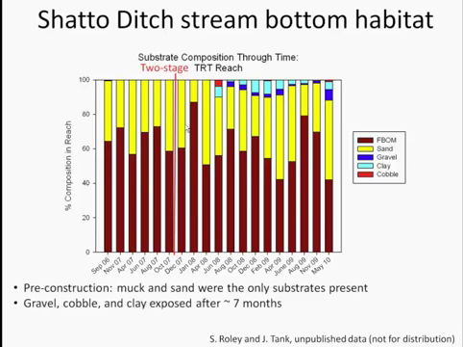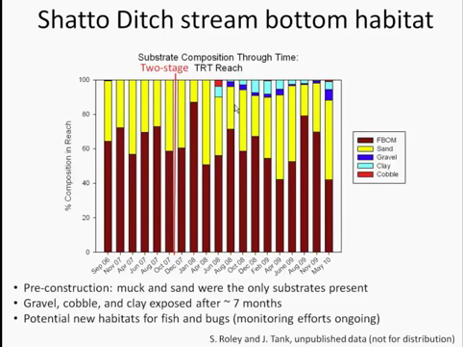Now, after the restoration, indicated by this red line, we started to see other substrates. We started to see gravel and cobble and clay. And this is potentially good habitat for fish and bugs. Another grad student in a different lab here started looking at the fish and bug populations in these ditches. So we'll see if this change in sediment equates to a change in the biological community as well.